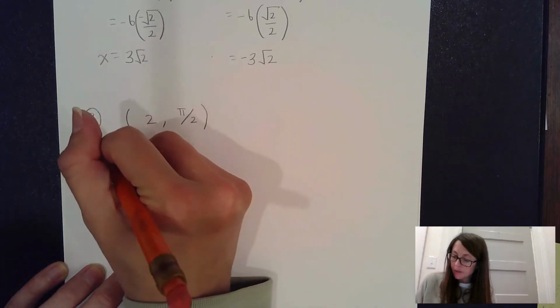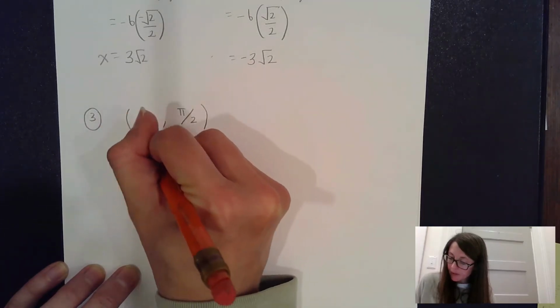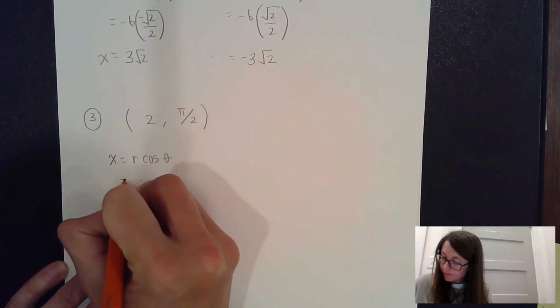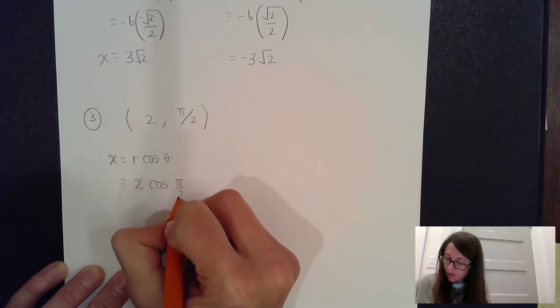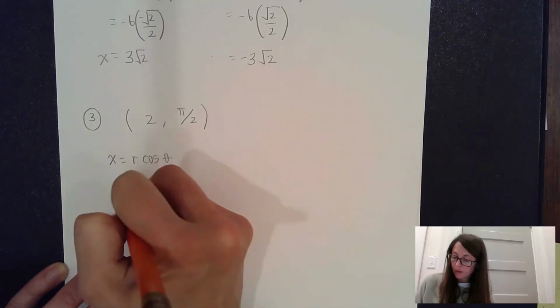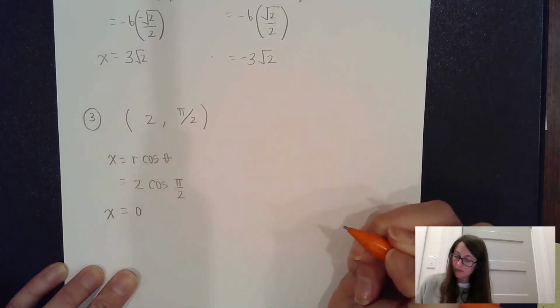Okay, so the x coordinate is going to be r cosine of theta. So this will be 2 cosine of pi over 2. Cosine of pi over 2 is 0, so this is just going to be 0.